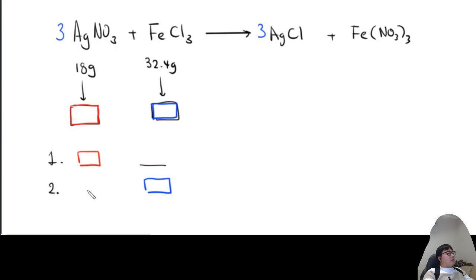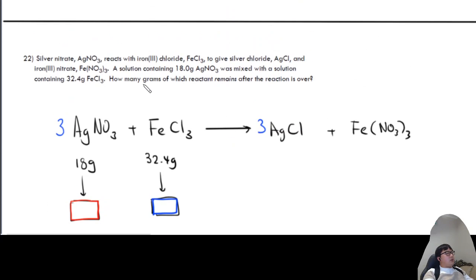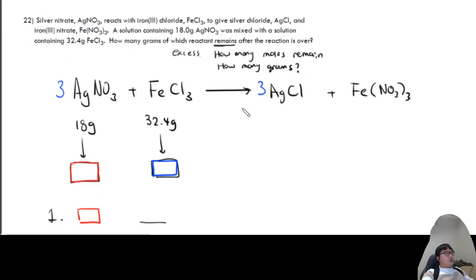And then figure out those numbers, and then figure out which one is excess, which one is limited. And then the question is how many grams of which reactant remains. So they're talking about which one is excess and how many moles remain. Then you can answer how many grams remain, right? So that's what you need to do now.